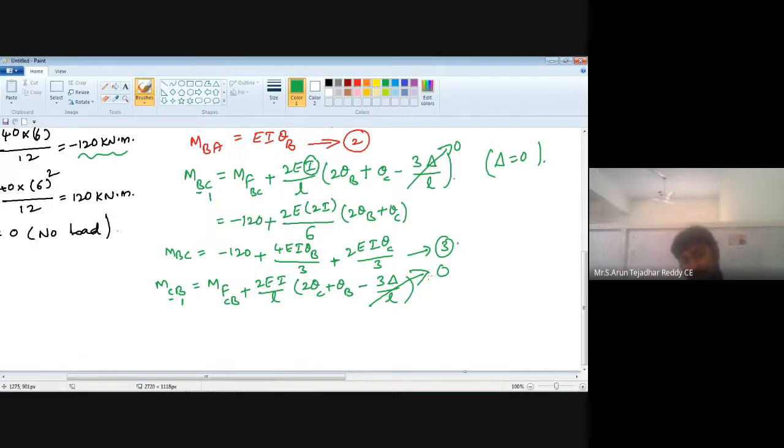Already I discussed in yesterday's class, in a non-sway frame your deflection is always 0.